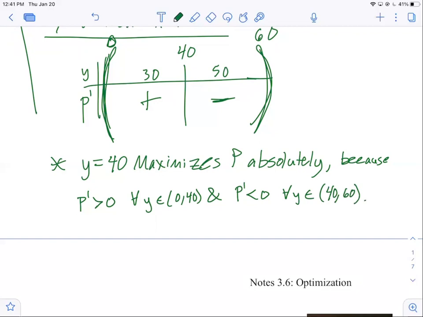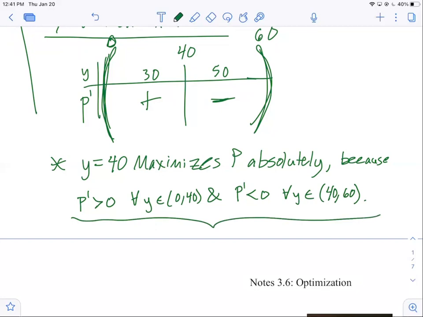You can phrase it differently too. You could say P has an absolute max at y equals 40 because, that's how we did it with the local max and min. P has an absolute max or a global max at y equals 40 because. Now, notice that if you read it and understand it, it has a global flare to it rather than a local flare.